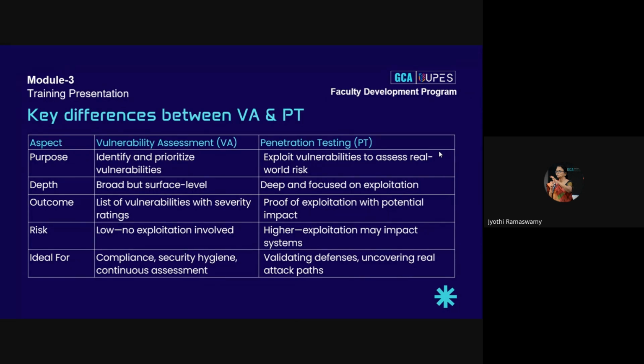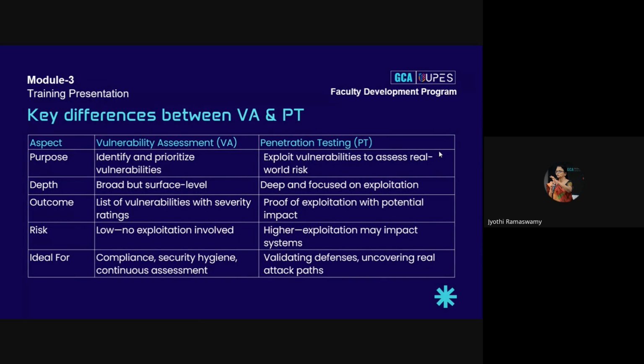For vulnerability assessment, we have to identify vulnerabilities and prioritize remediation. That is what vulnerability assessment helps us to do. But penetration testing identifies vulnerabilities and also tries to exploit them to assess real world attack. So if the vulnerability assessment gives us a report saying that the password is not strong enough, right?